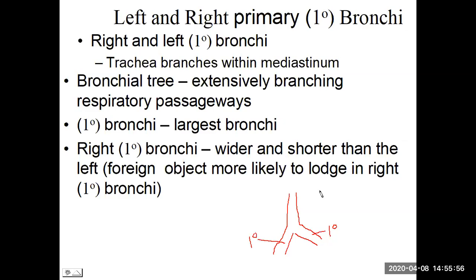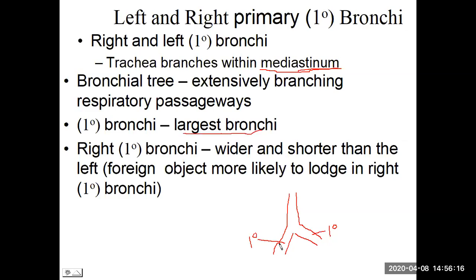The trachea itself is spanning right down the midline of our thoracic cavity, specifically in that central mediastinum. And it's now from this trachea that we have the first branches of the bronchi, the largest set of bronchi.